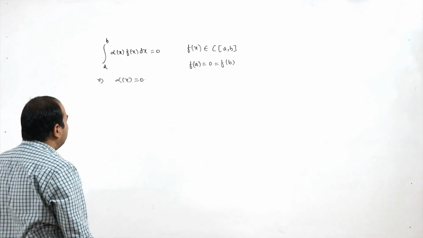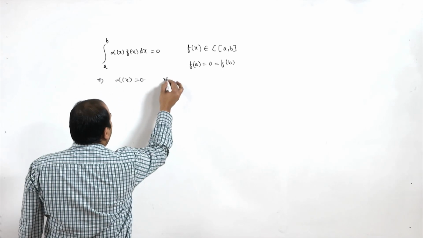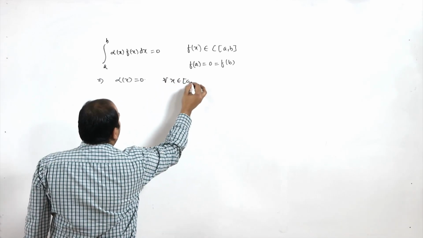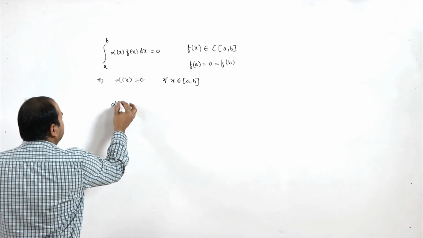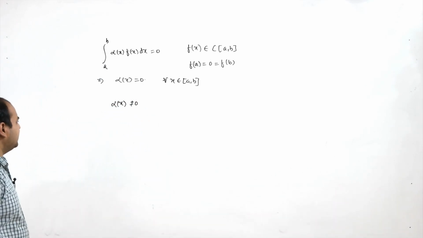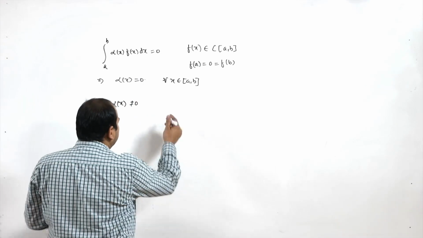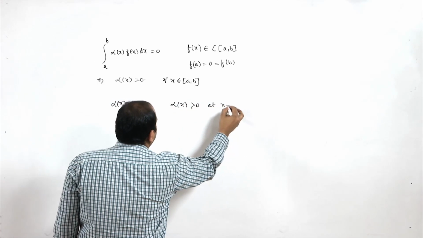So, this we can prove in a sense that suppose alpha x is not equal to 0 on this entire interval a b. So, let us say that alpha x is not equal to 0. So, we can consider that alpha of x is positive, say at x equal to x naught.